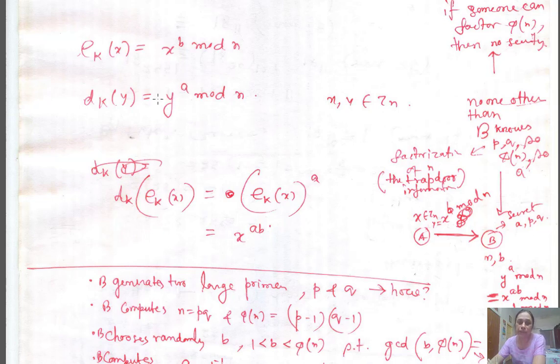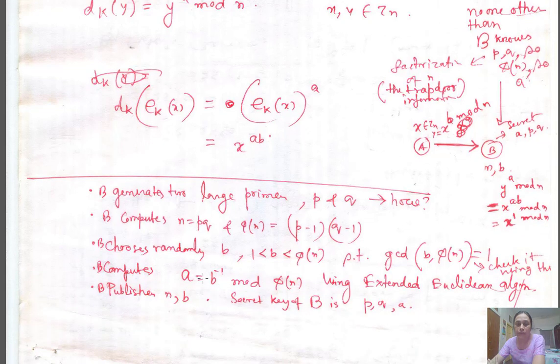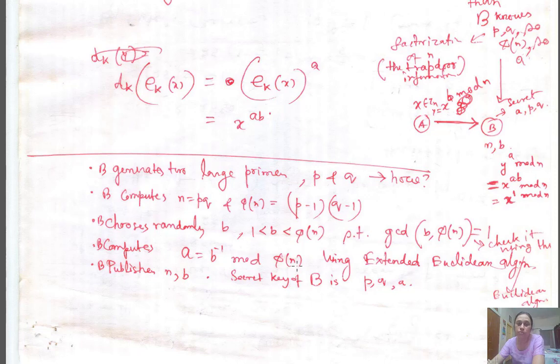He can simply raise the ciphertext to the power a. Now for correctness, we need this to be equal to x. Why will it be? Because we have the congruence relation ab congruent to 1 modulo phi n.